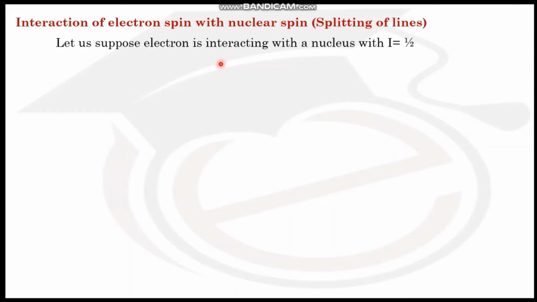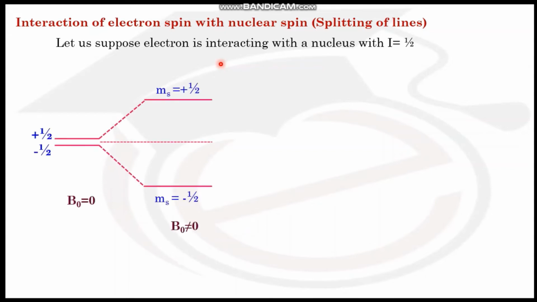First we can see the diagram. Let's suppose only one electron is interacting with a nucleus of nuclear spin I equal to 1 by 2. We are considering an electron in contact with a nucleus with a nuclear spin of value I equal to 1 by 2.